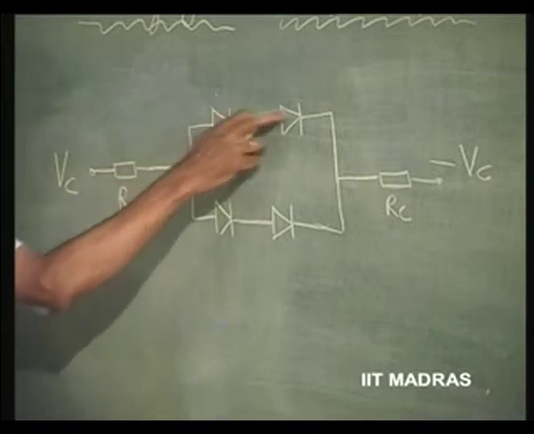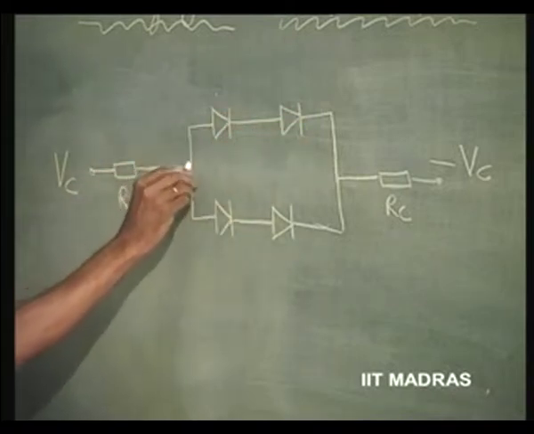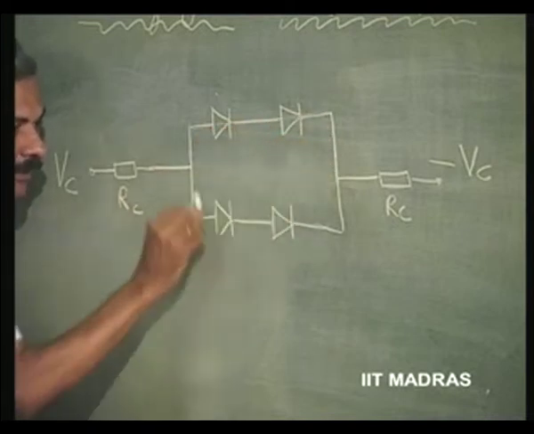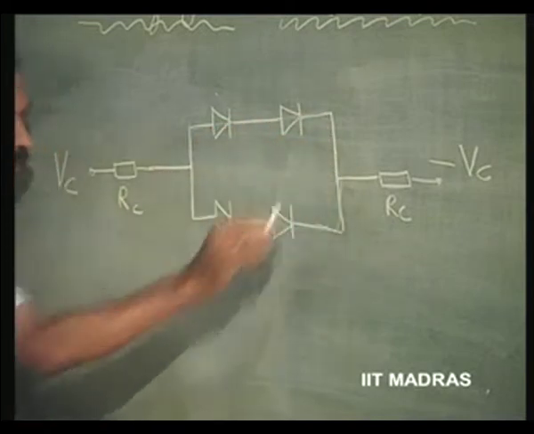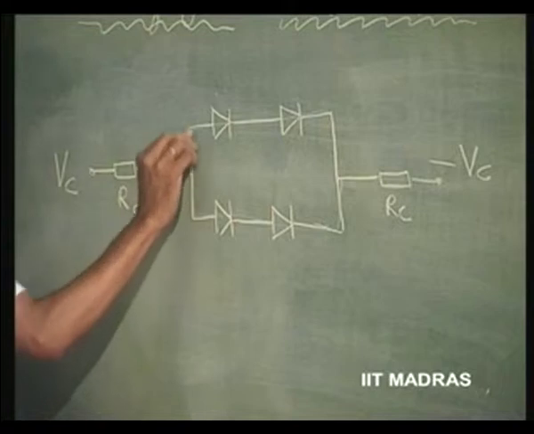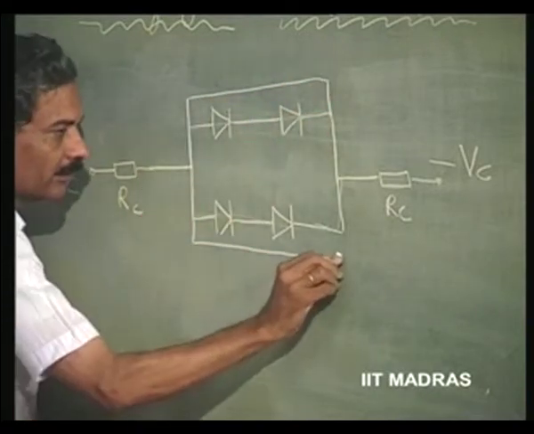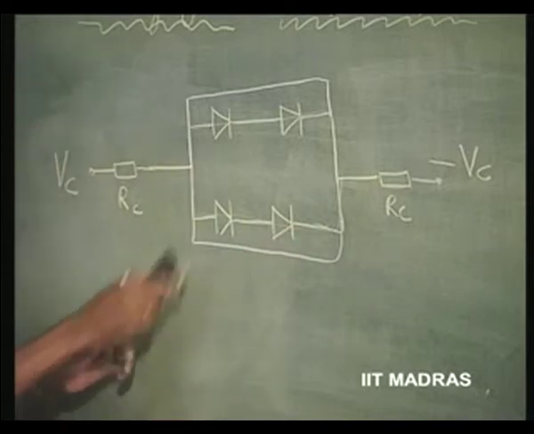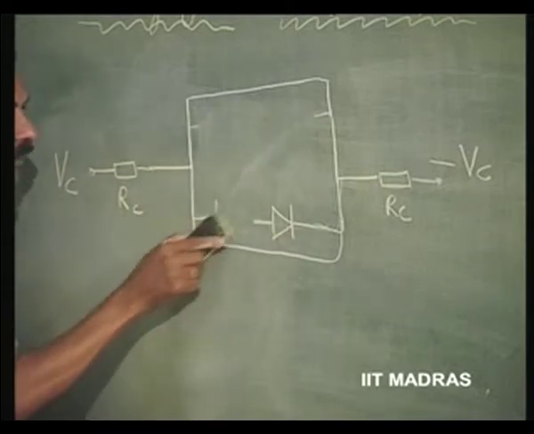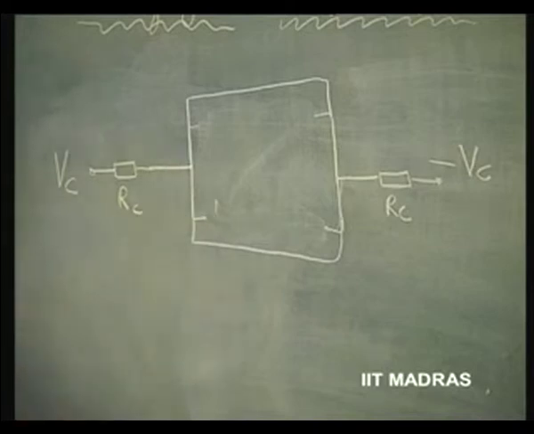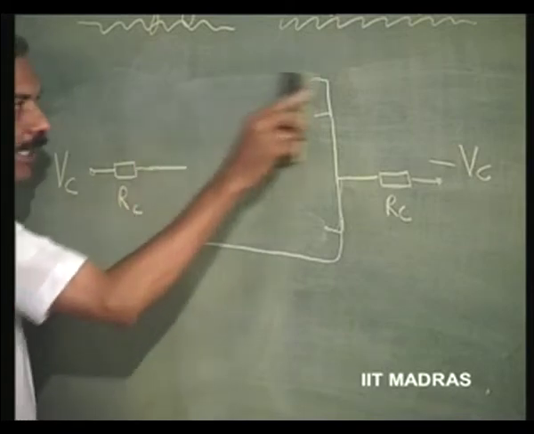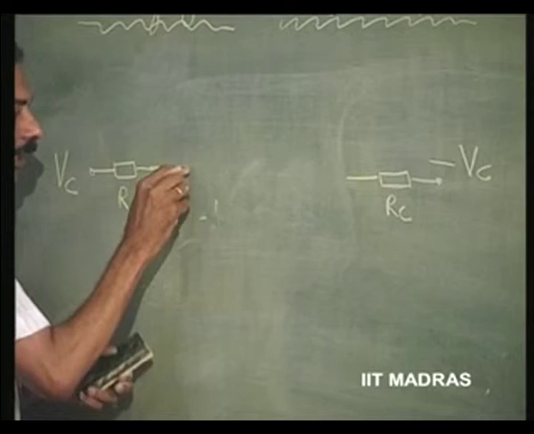All these diodes will get forward bias. So, this is going to be replaced by a short here, and this by another short. I can remove the diode as well and consider this whole thing as a short, which means this entire thing will be replaced by a point here.